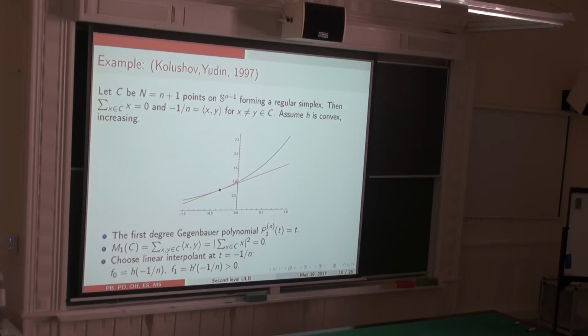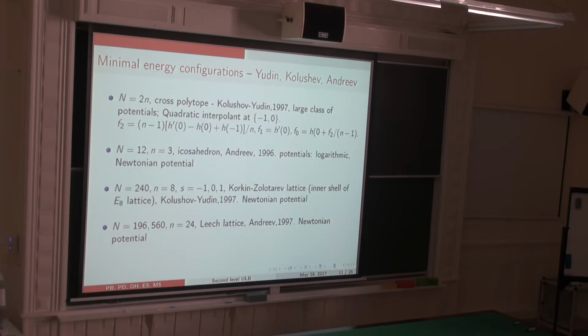And when we compute, it has non-negative Gegenbauer coefficients down here. It's easy to see. Therefore, it will be a lower bound according to the Delsarte-Yudin method. But at the same time, the energy attained for the simplex is equal to that lower bound, therefore it's the optimal one.